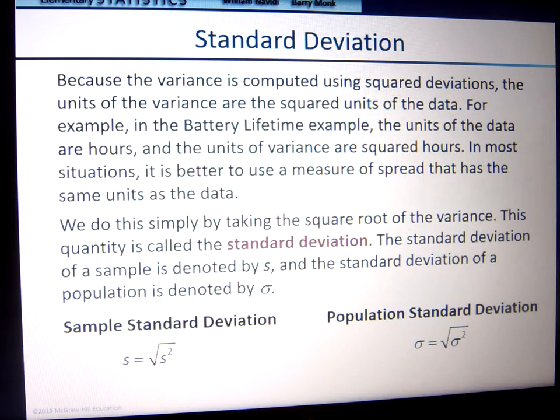So we simply do this by taking the square root of the variance. The quantity is called the standard deviation. So the standard deviation, denoted by s for a sample and sigma for a population, would be the square root of your sample variance and the square root of your population variance. So your sample standard deviation and your population standard deviation.